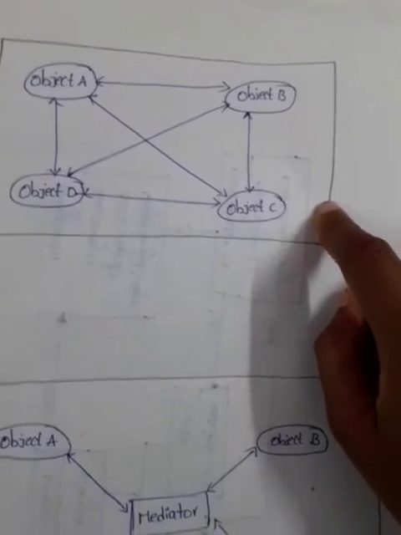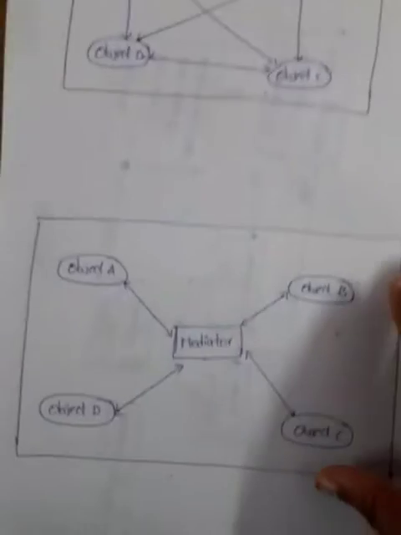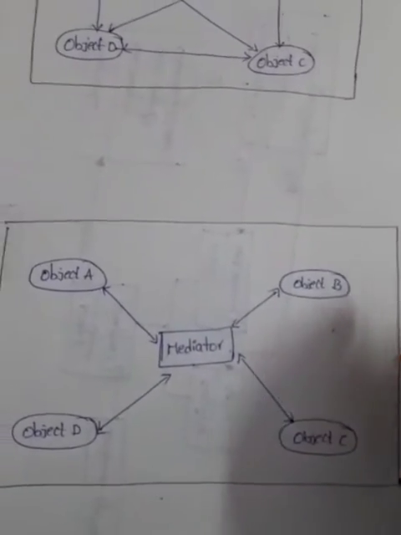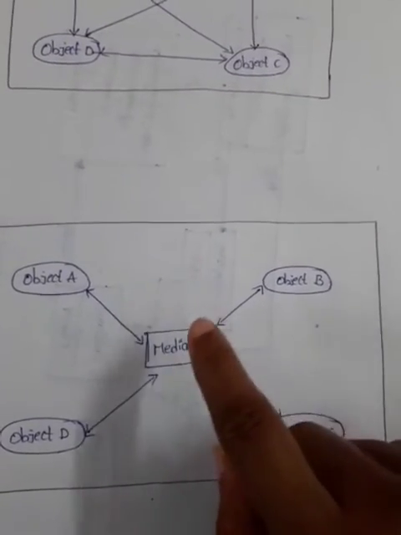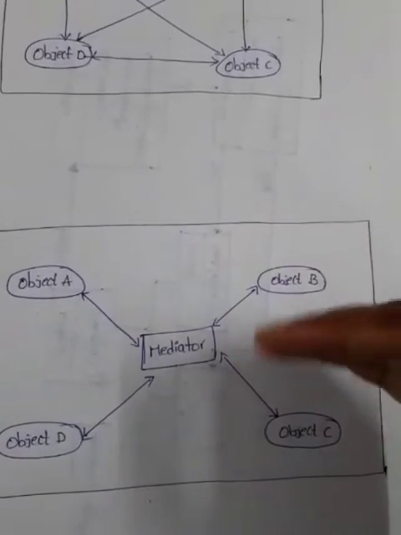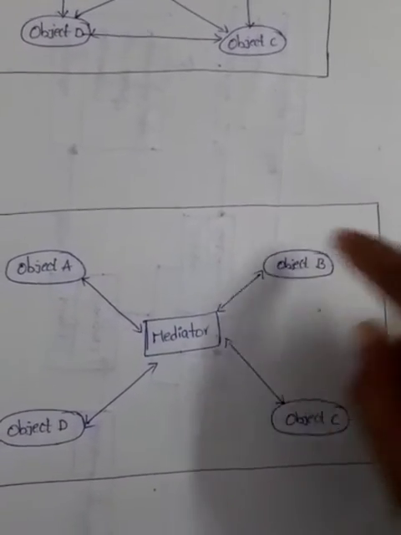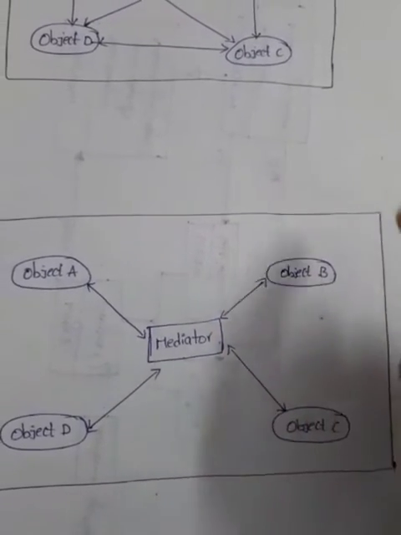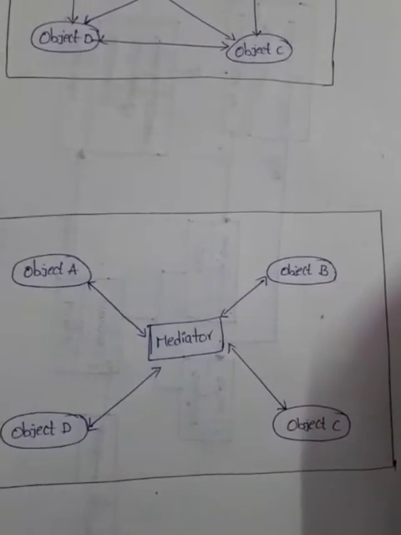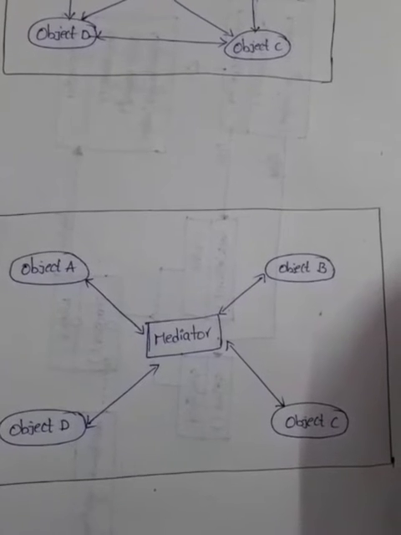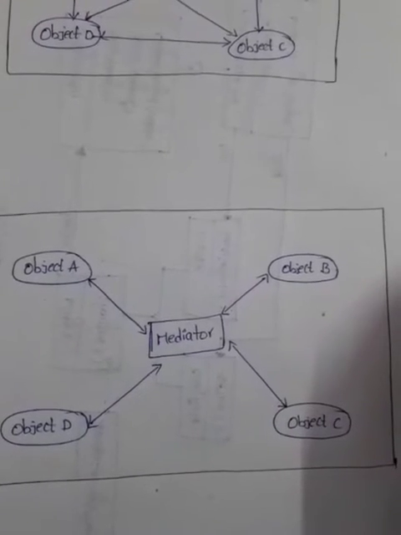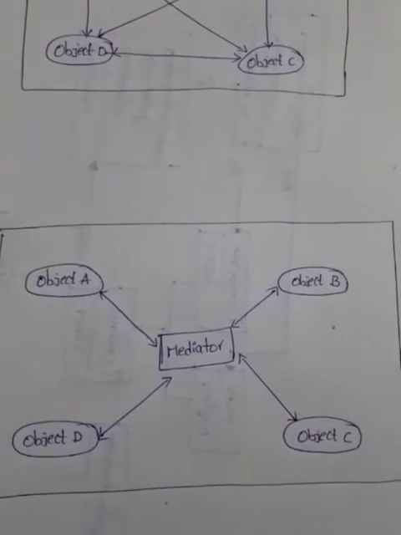Each object has to send messages to the mediator, and the mediator receives the messages from the different objects and routes them to the different objects. It will take care of handling the messages and routing them to the appropriate object. For this kind of scenario, we use the mediator design pattern.